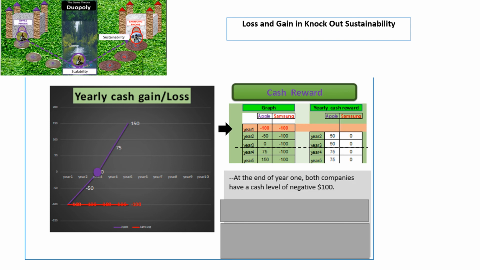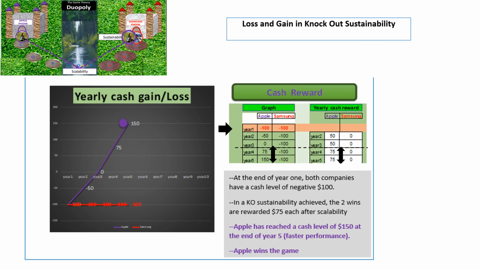At the end of year one, both companies have a cash level of negative 100,000. In the knockout sustainability achieved, the two wins are rewarded $75,000 each after scalability.